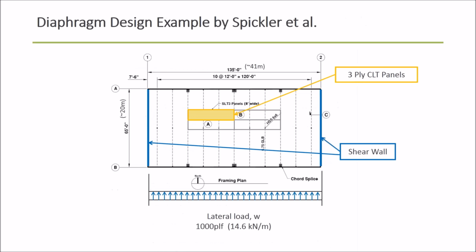As most examples do, they picked a standard floor plan and an assumed layout of the panels, and then walk through the design process for that. So that's a really good example to look at for diaphragm design. And it covers both wind and seismic design and gives different recommendations on detailing aspects of diaphragm design.